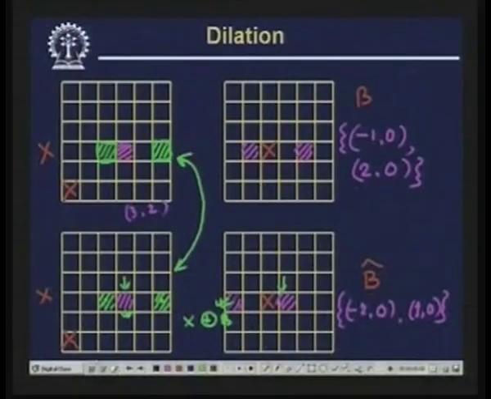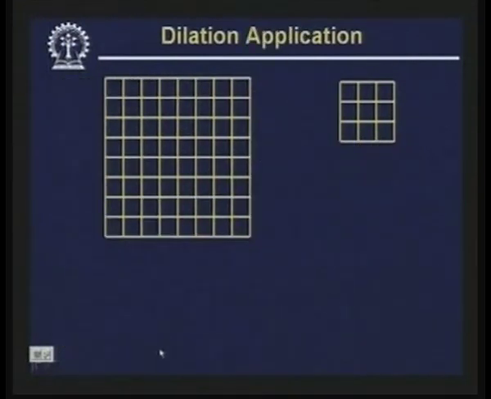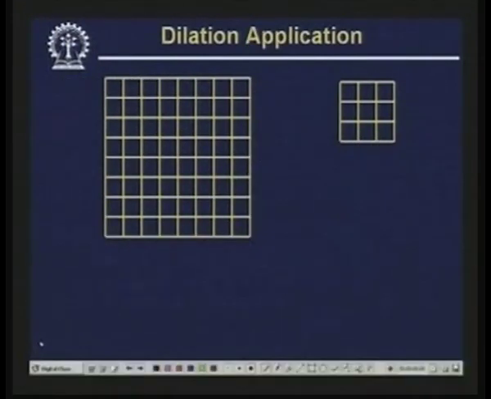Now, what will be the application of this dilation operation? Let us take again a particular image like this. Say I have an image which consists of say these points. Now, in between I have say a noisy point, so something like this.